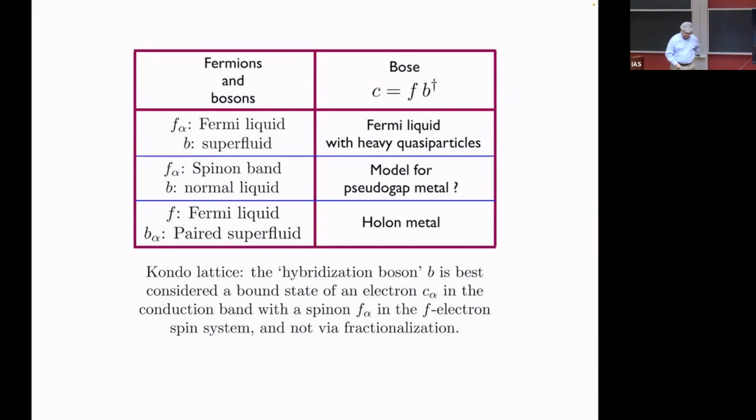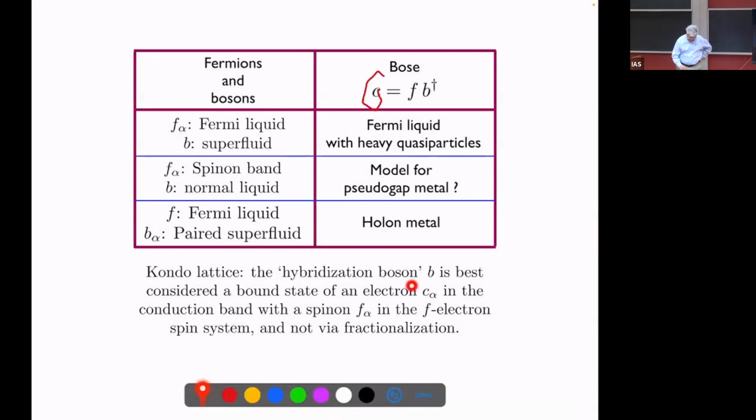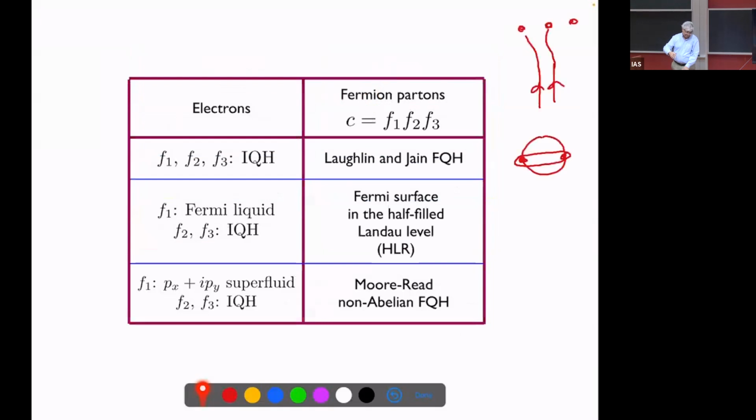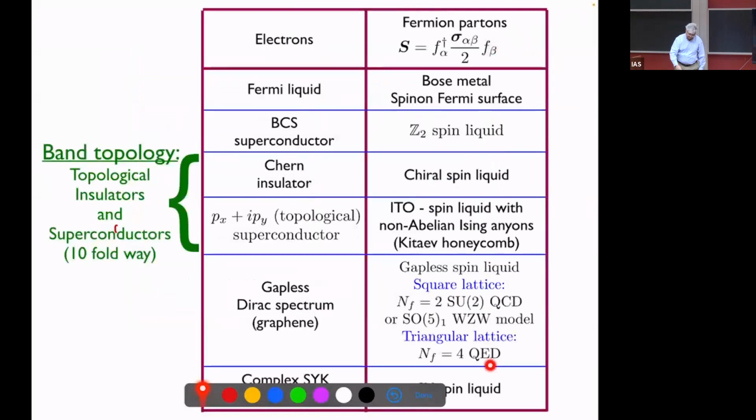But one thing I should mention, there is something called the slave boson, or now better called the hybridization boson, that appears in a somewhat different context as the Kondo lattice. So in the Kondo lattice, you have two bands. There's one band which is spins, which are effectively like any of the states we're talking about here.